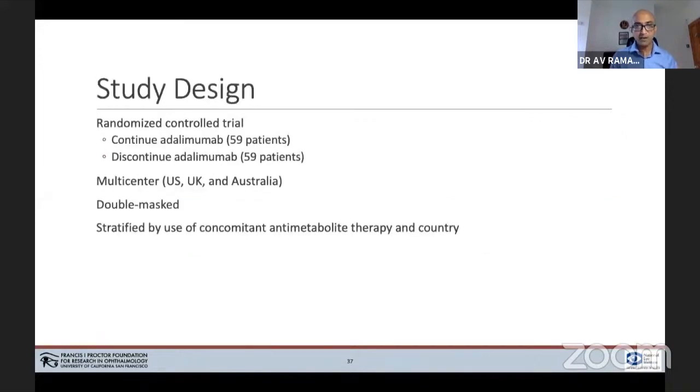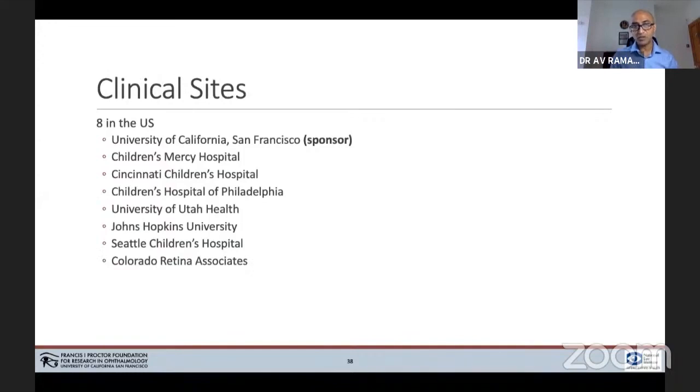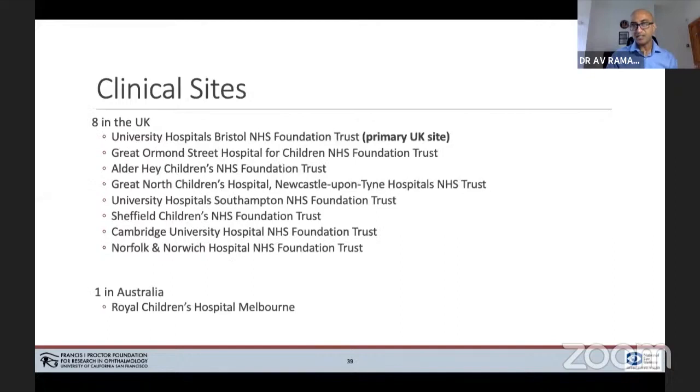We're going to recruit 59 patients in US and 16 UK. And these are the sites in US which are recruiting. We are almost 1/3 of the way down in the study. These are the sites in Bristol, and I'm leading it in the UK.